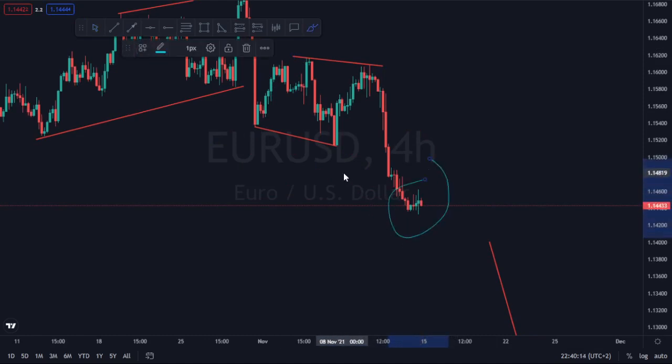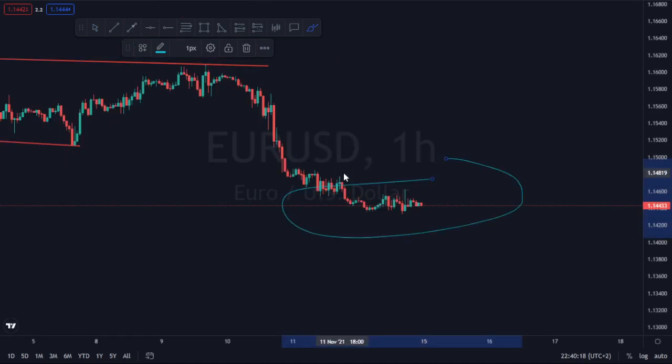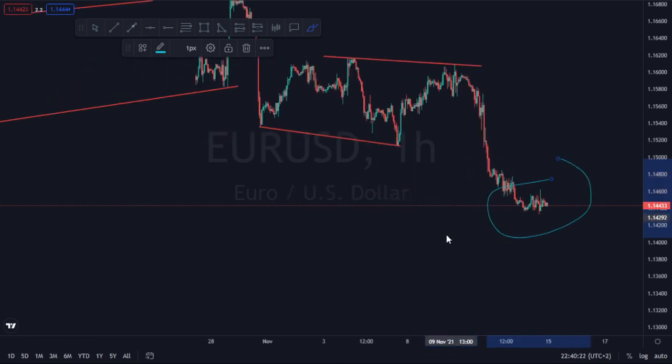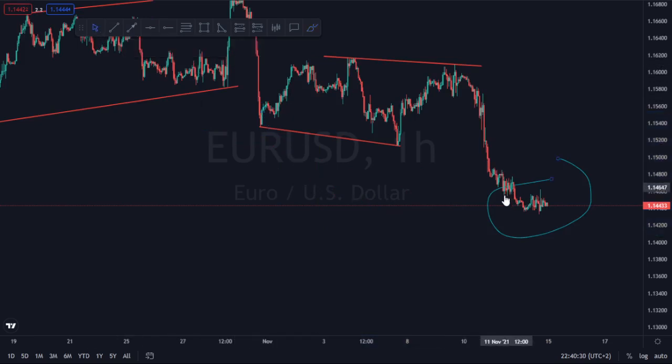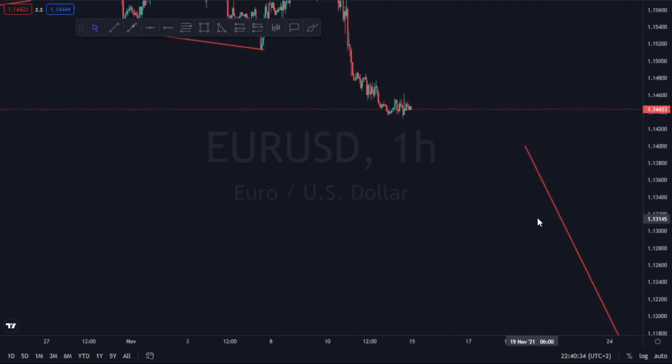So I think we should move on to the 1 hour time frame and see what we can get from there. The 1 hour time frame is also in confluence with the H4 and the daily in terms of direction. The long-term direction is to the downside, guys.